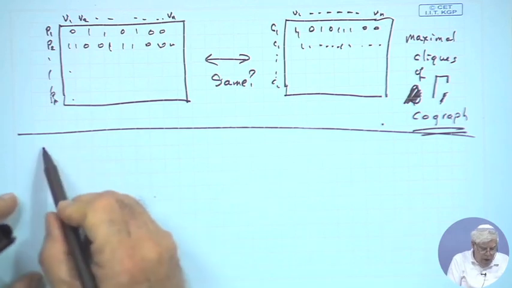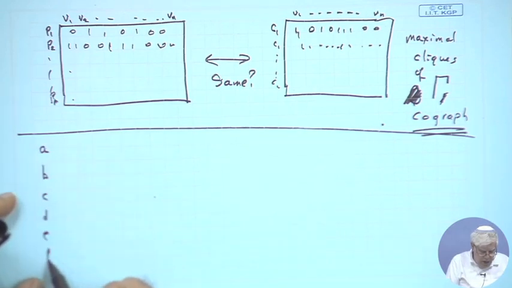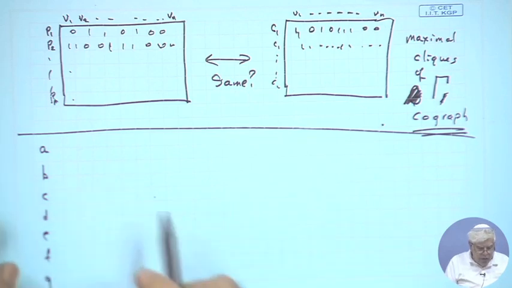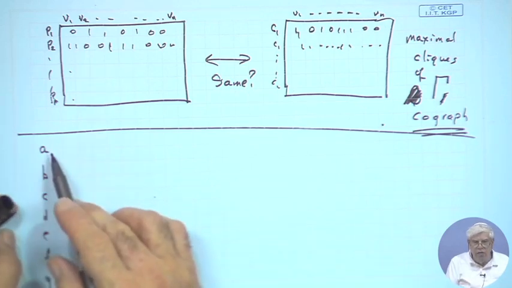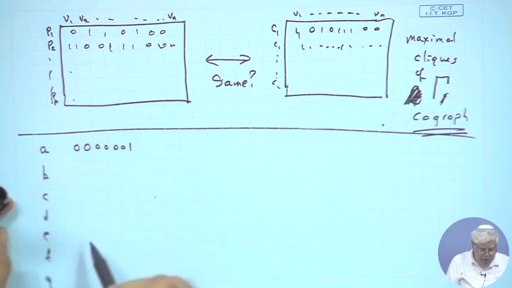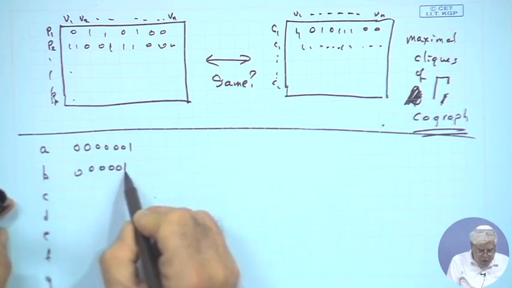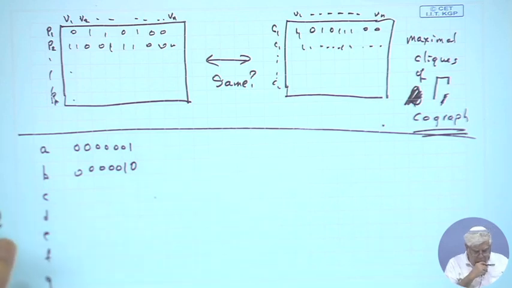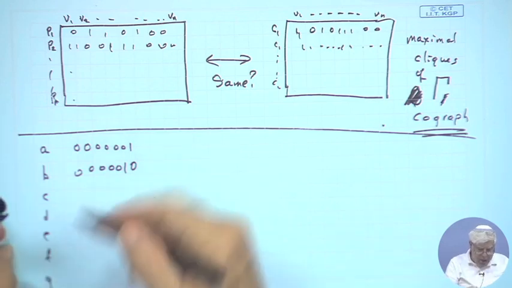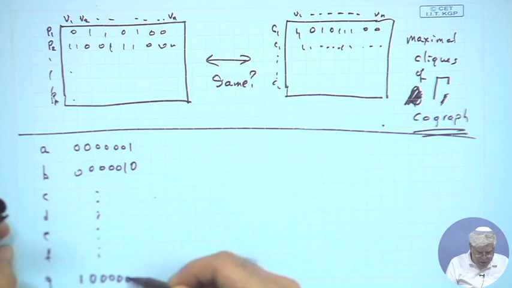So let's look at this. I have variables A, B, C, D, E, F, and G. I'll say that A is vertex 1, and I'm going to write that in binary: 0, 0, 0, 0, 0, 0, 1. B is 0, 0, 0, 0, 0, 1, 0, etc., down to G, which is 1, 0, 0, 0, 0, 0, 0.